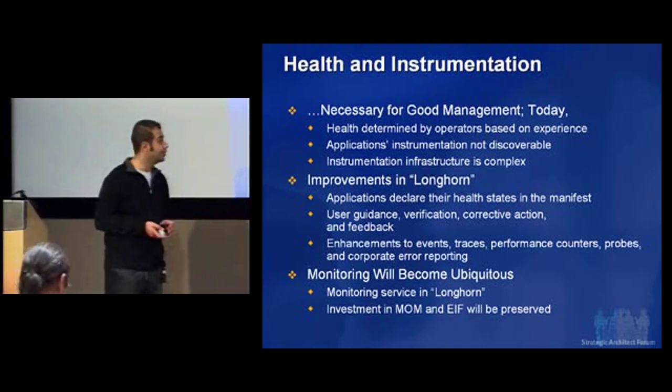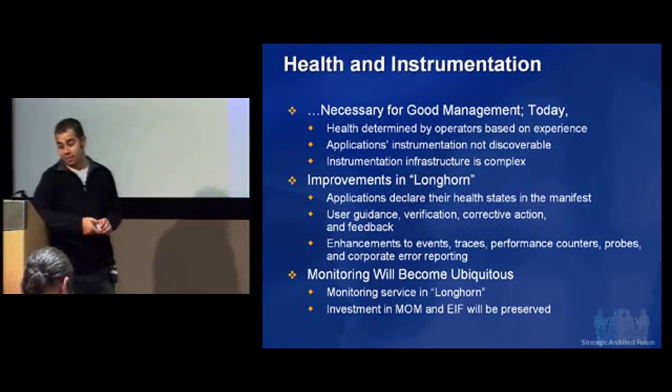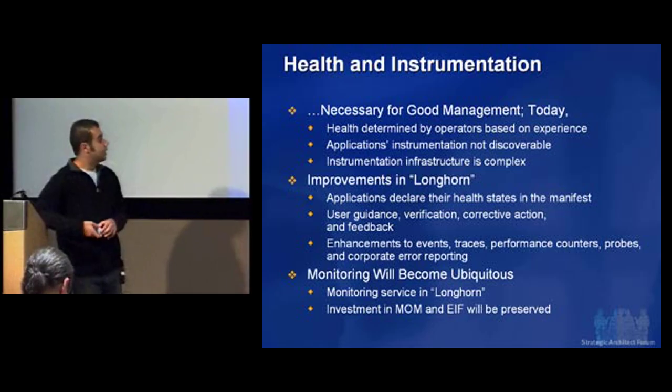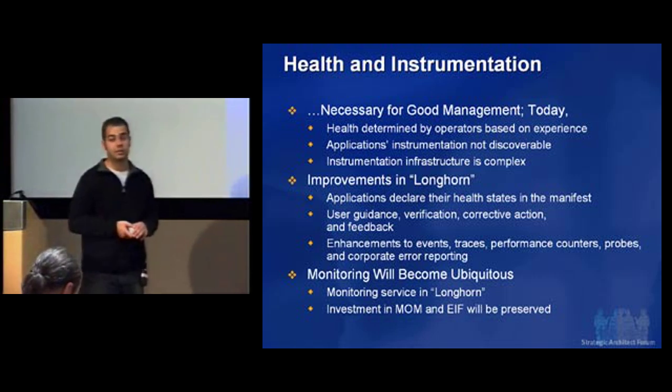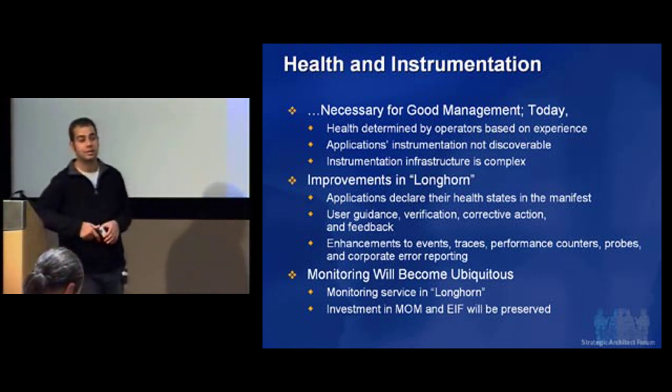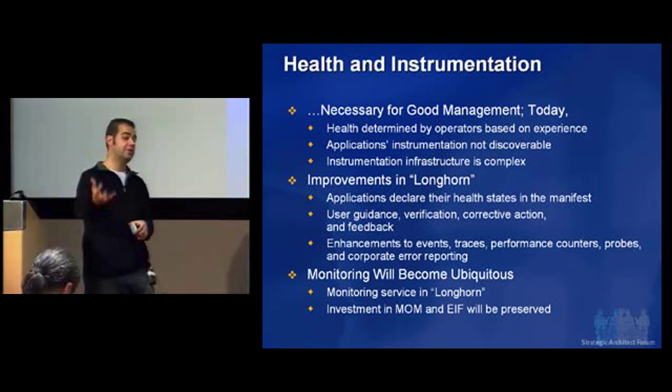I don't know how, but it's usually a bad thing. Again, the same problem exists here. I can't go to a single place and tell you all the events, all the instrumentation, all the performance counters, and all the things that are raised by a certain application. It's really hard for me to discover such information and tie it back to the application identity.